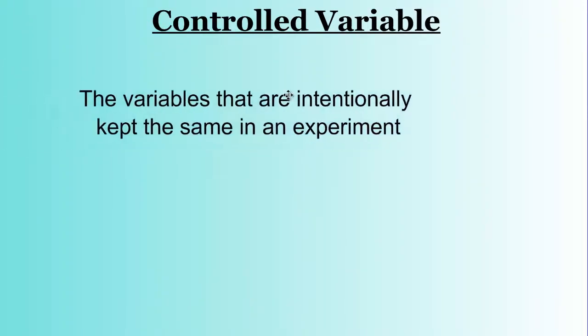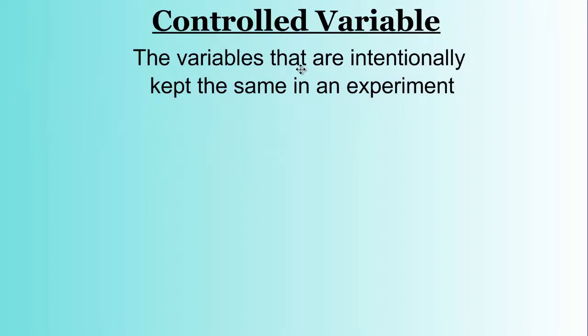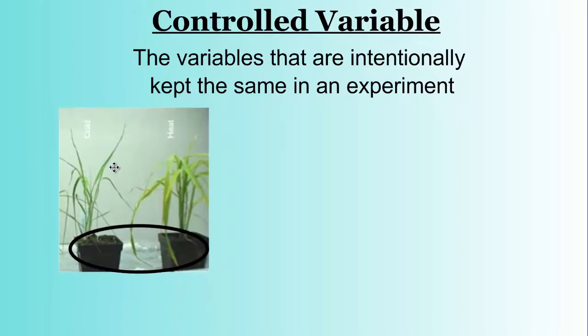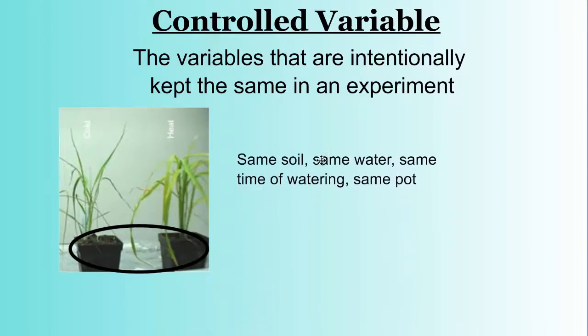The final variable you'll be putting on your sheet will be the variables that we're going to be called controlled variables. These are the ones that we intentionally keep the same across our experiment. Using our plant experiment that we've shown you so far, here's the one where we grew it in the hot and the cold, but there are other things that we had to keep the same so that we know that our results are going to be valid.